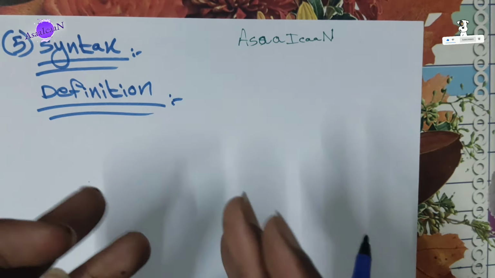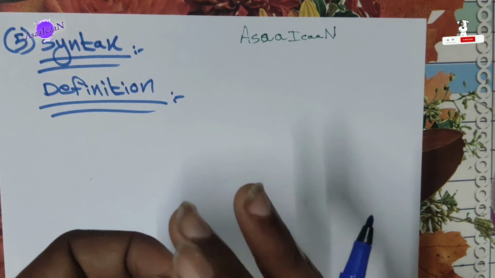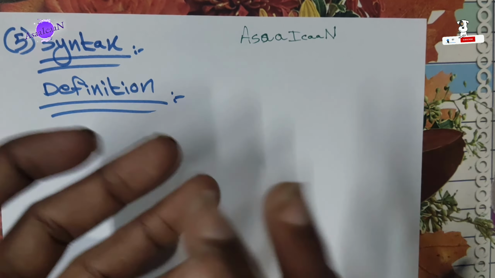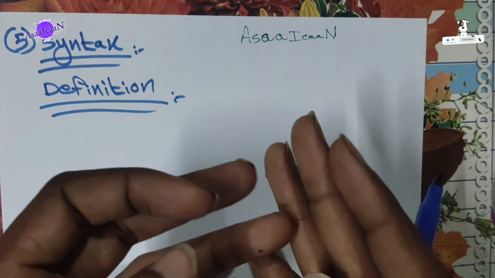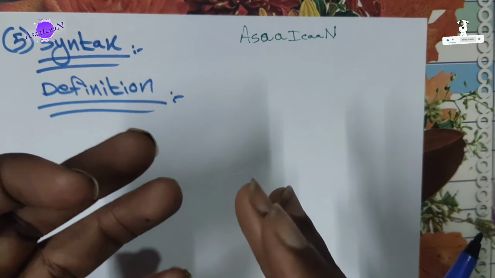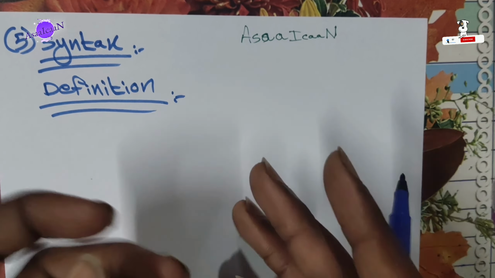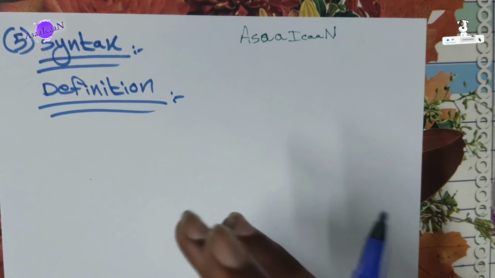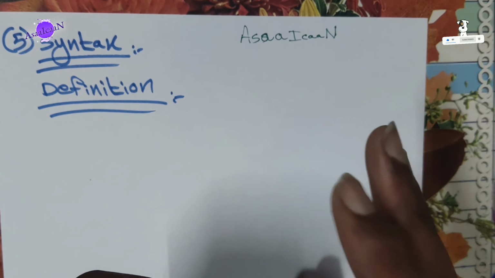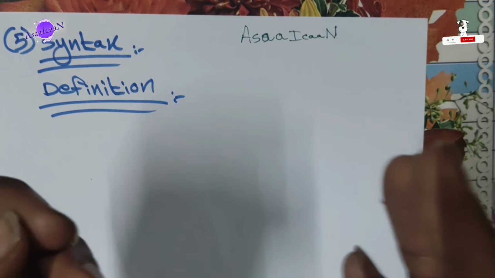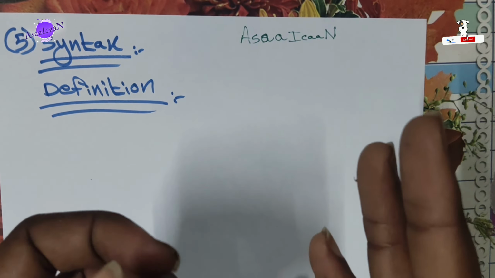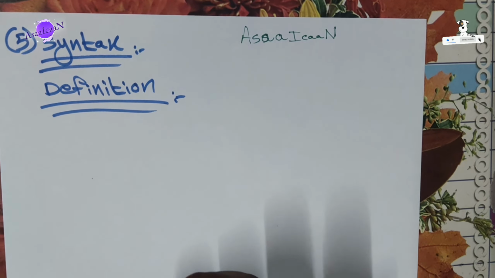It is the set of rules that tells us how to write code correctly in a programming language. It defines how words, symbols, and punctuation should be arranged. That's it. Okay, does everyone understand it?